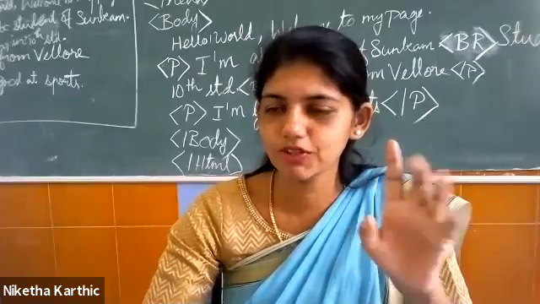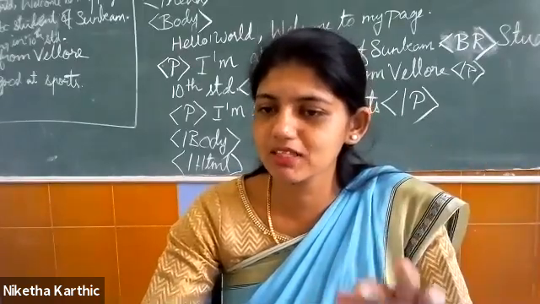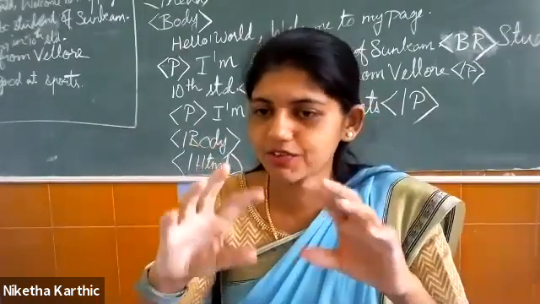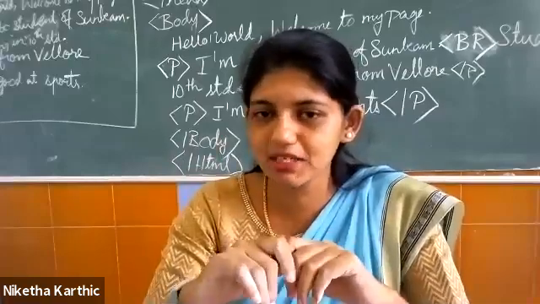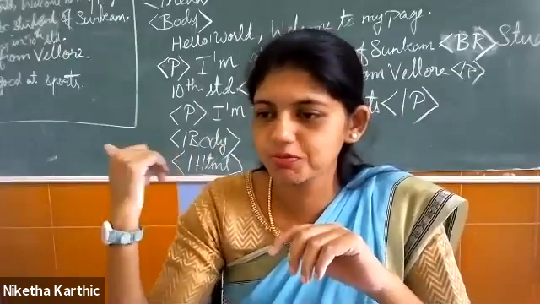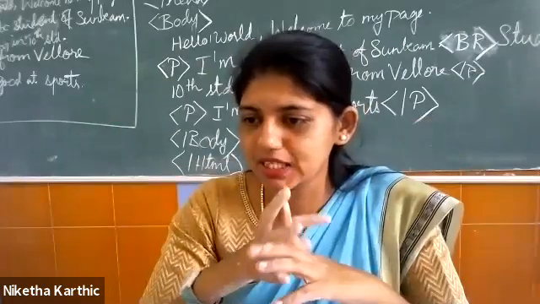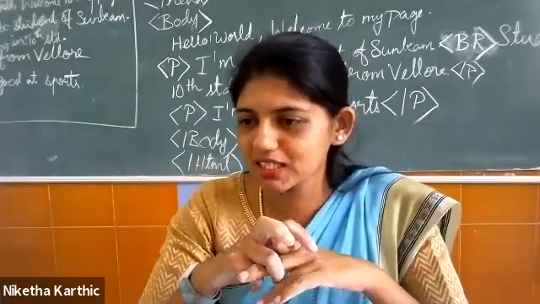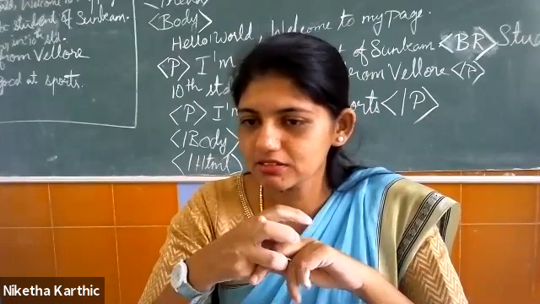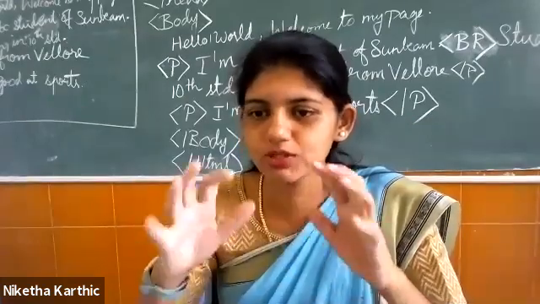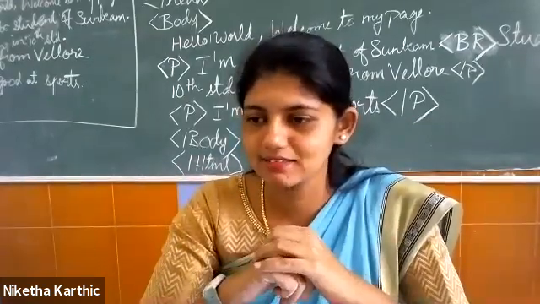If you use only P without BR, it will be a paragraph. If we use only BR, that is a break, the lines will be breaking, as I have written in the output. Got it? That is all we have seen in this class.